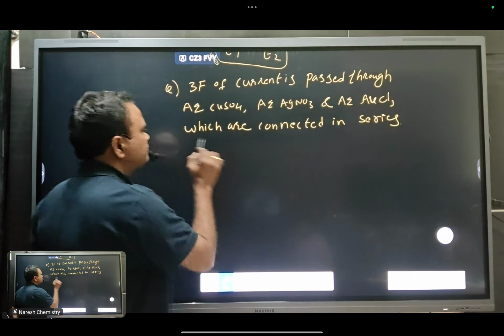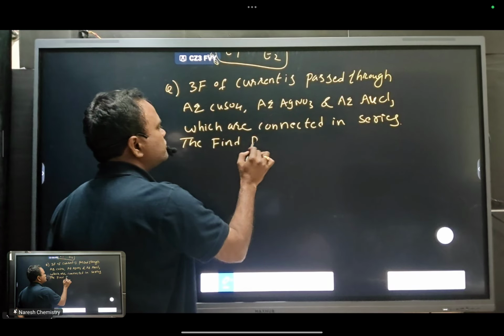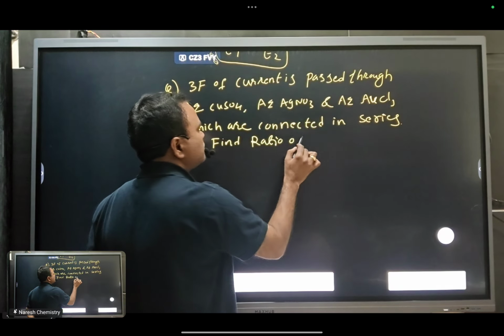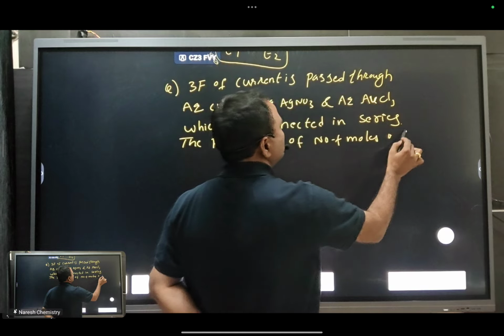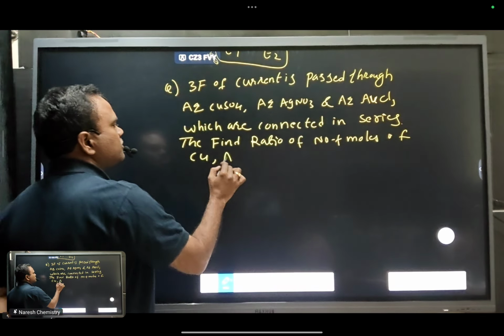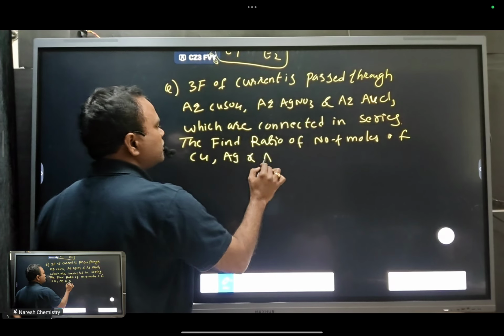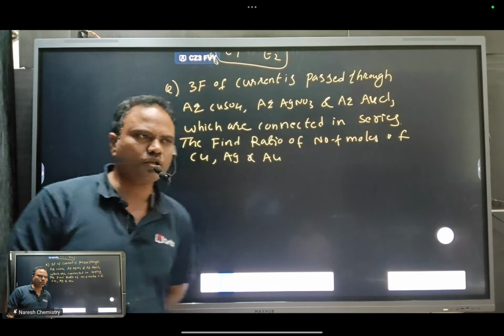Then find the ratio of the number of moles of copper, silver and Au. This is one important model question on Faraday's second law.